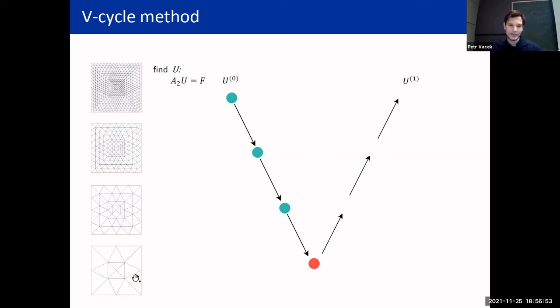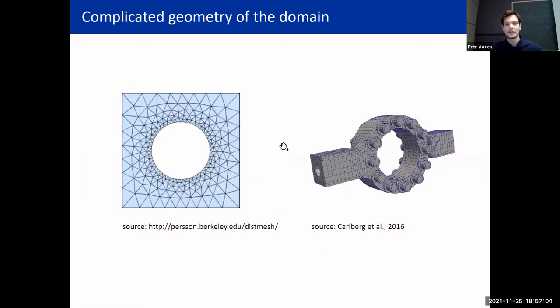So this can be more easily done in our model example, but this approach of reducing the size of the coarsest level problems cannot be used in problems with complicated geometry.